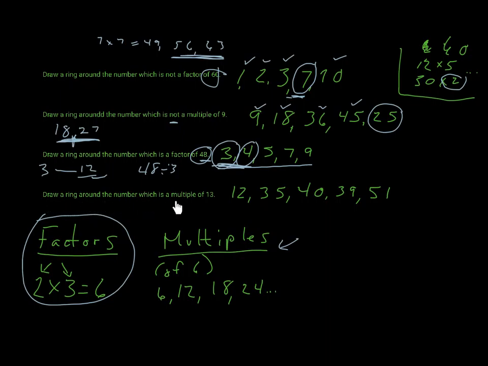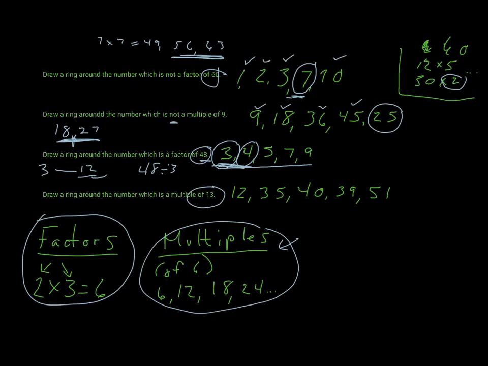Let's go on to another example. Draw a ring around the number which is a multiple of 13. Again, remember, multiples are basically a statement of the times table, so they're asking what answers appear on the 13 times table.